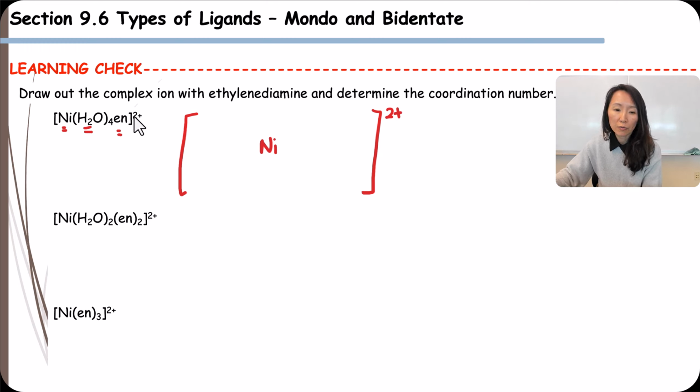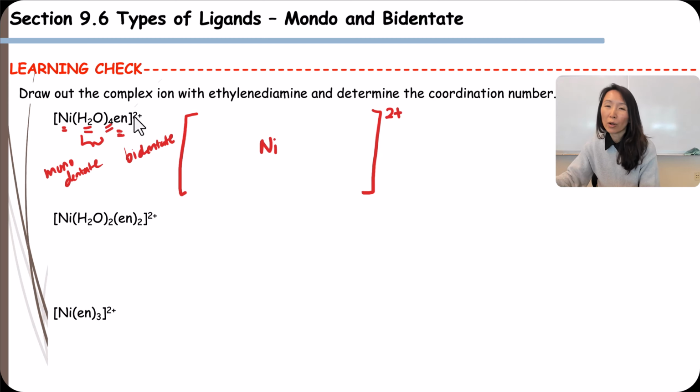So you'll notice there's 4 waters being attached and 1 ethylene diamine. Water is a monodentate, where EN is a bidentate. There's going to be a total of 6 coordination in order for it to bond to nickel.